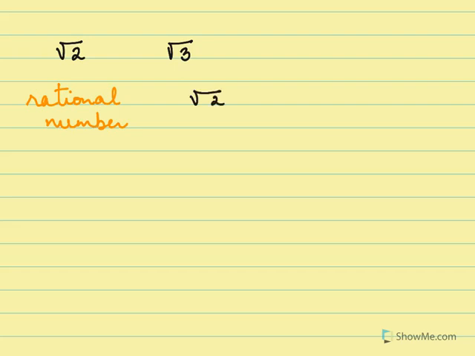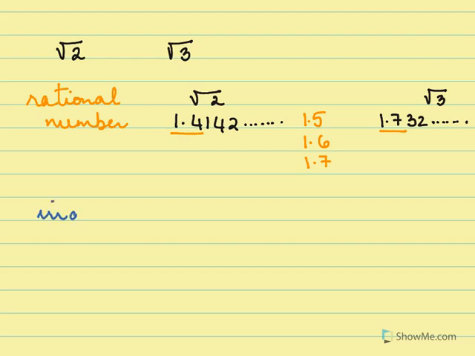Remember, root 2 is 1.4142, non-terminating, non-repeating, and root 3 is 1.732, non-terminating, non-repeating. So if I want to find a rational number between 1.4 and 1.7, I could put 1.5 or 1.6. All these are rational numbers, or 1.7, between root 2 and root 3.